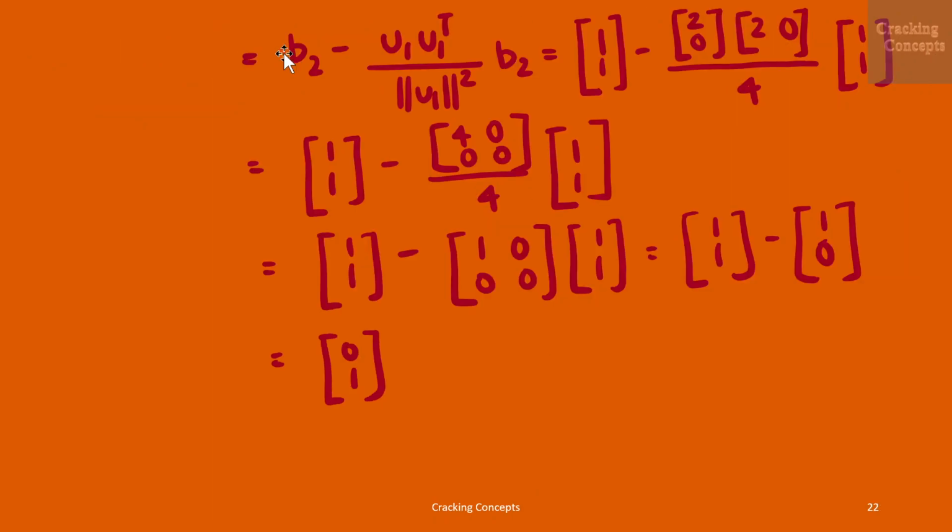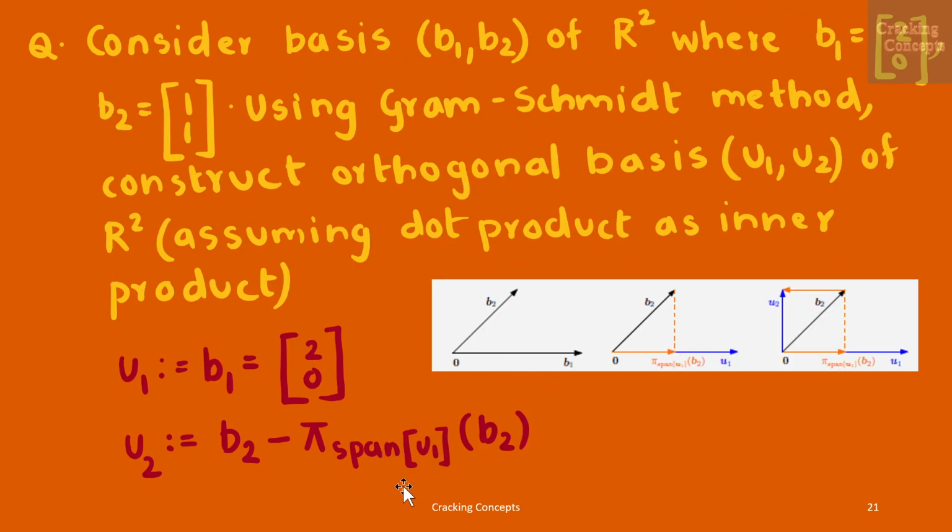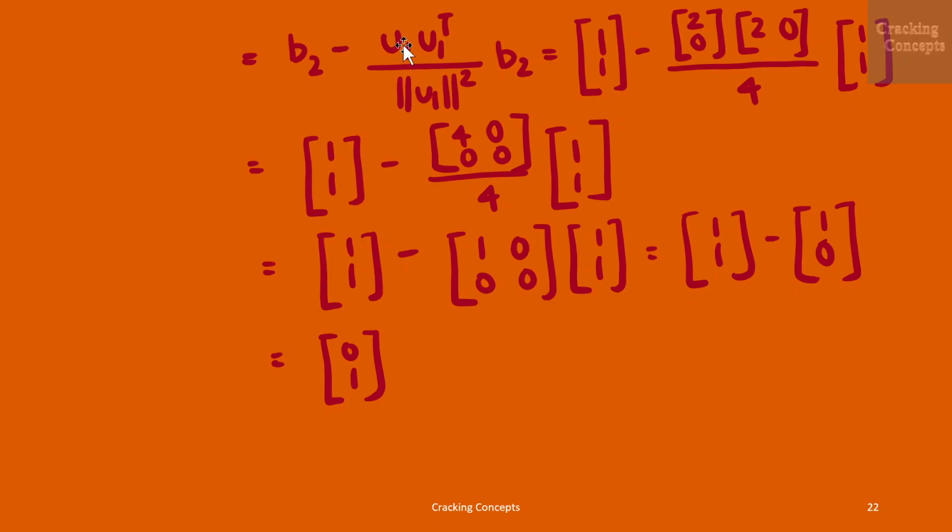On substituting, we get b2 minus the projection onto the span of u1, which can be written as u1 u1 transpose divided by the norm of u1 squared, multiplied by b2. All these values are available directly in the question. On substituting, we will get this vector as the result.